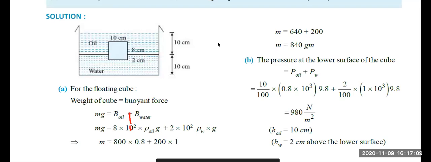So mass, you got it. And we know that the pressure is the total pressure, so it's rho1 g h1 plus rho2 g h2, as simple as that. Got it, everyone? Easy? Raise your hand if you got this concept.